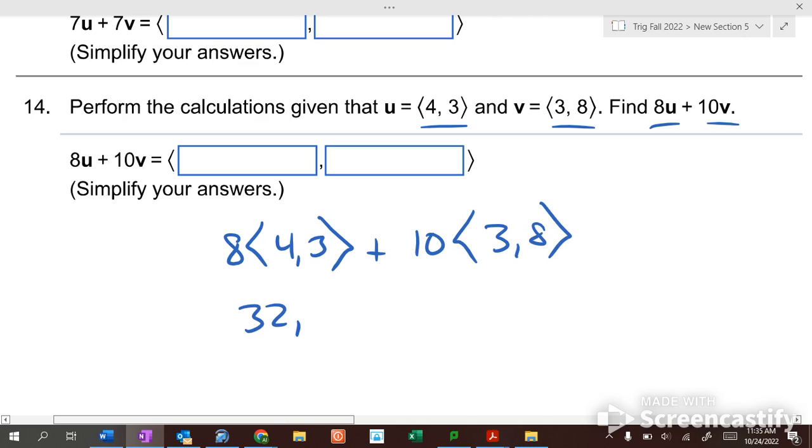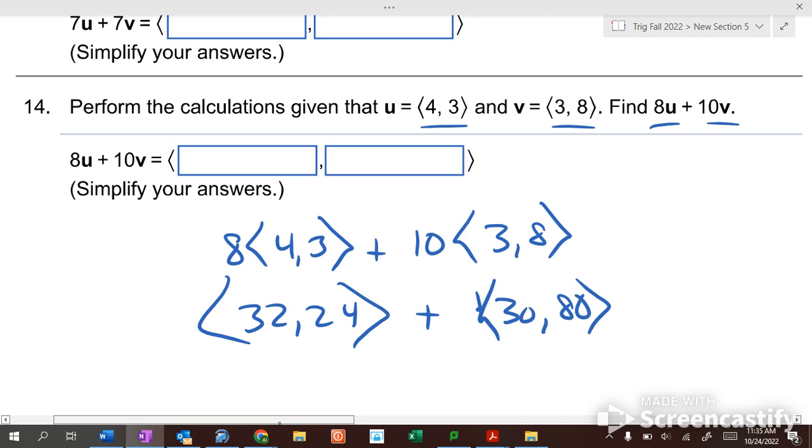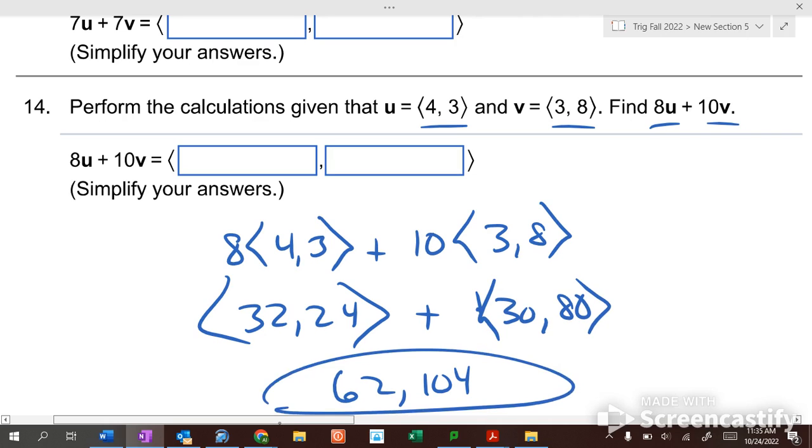So it's 32, 24, plus 30, 80. So it's 62, 104. Easy peasy, lemon squeezy. Okay?